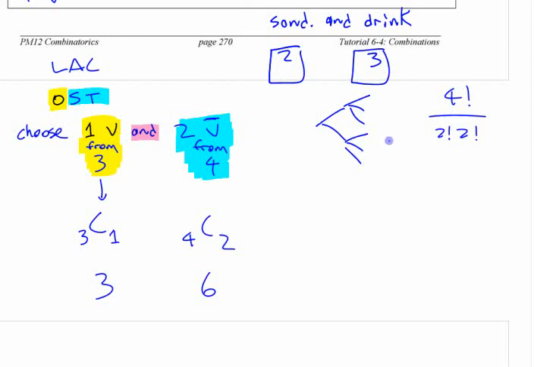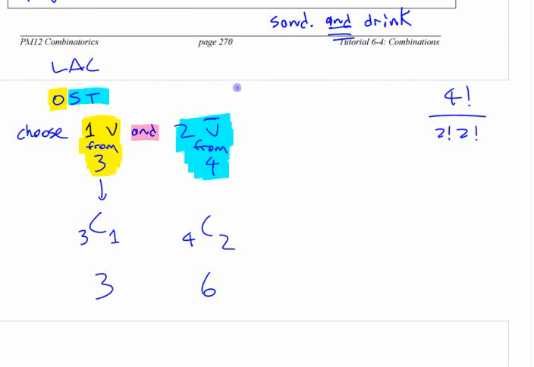You get 6, right? If it's the word and, if you're choosing both of them together, you multiply.